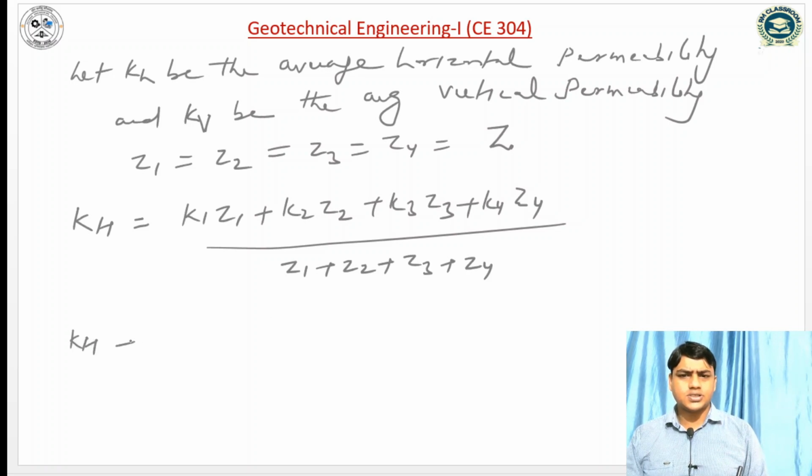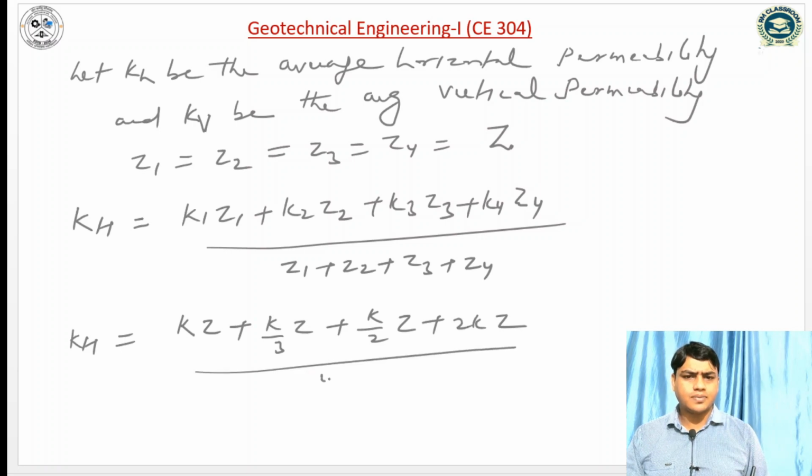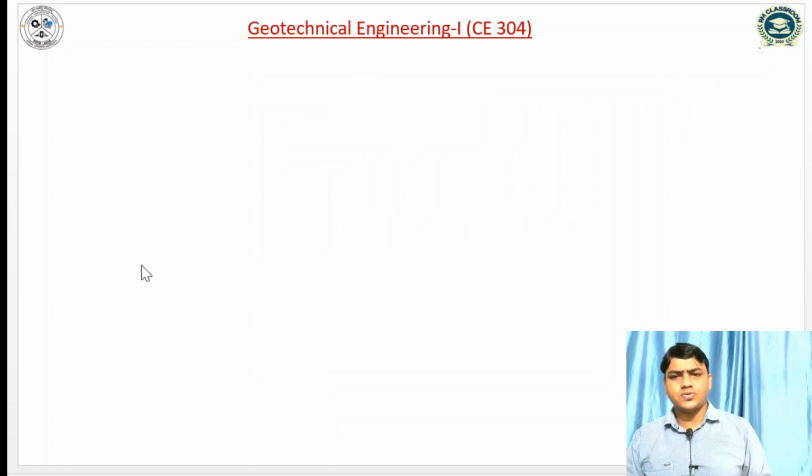So we can write KH is equal to, the coefficient of permeability of first layer I have assumed K, so K into Z plus second layer is K by 3 into Z plus K by 2 into Z plus twice K into Z divided by 4Z. So if I calculate, this value will be 23 by 24 into K. So the horizontal permeability is 23 by 24 into K.